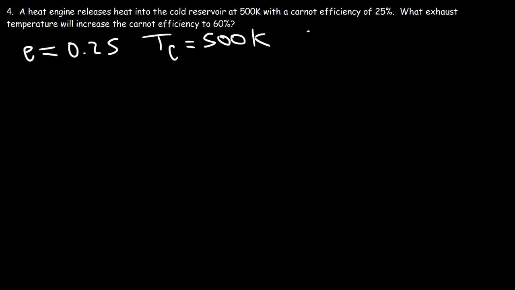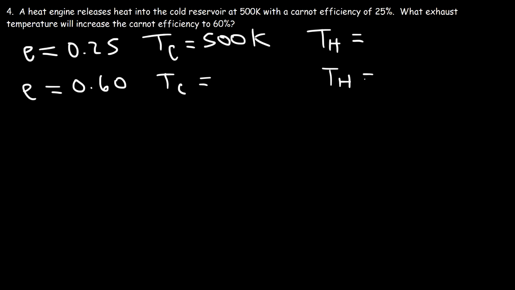What we don't know is the hot temperature. Now, we want to increase the efficiency to 60%. And so we need to change the temperature of the cold reservoir, which is the exhaust temperature. Now we're assuming that the temperature of the hot reservoir is constant because nothing was specified regarding it.